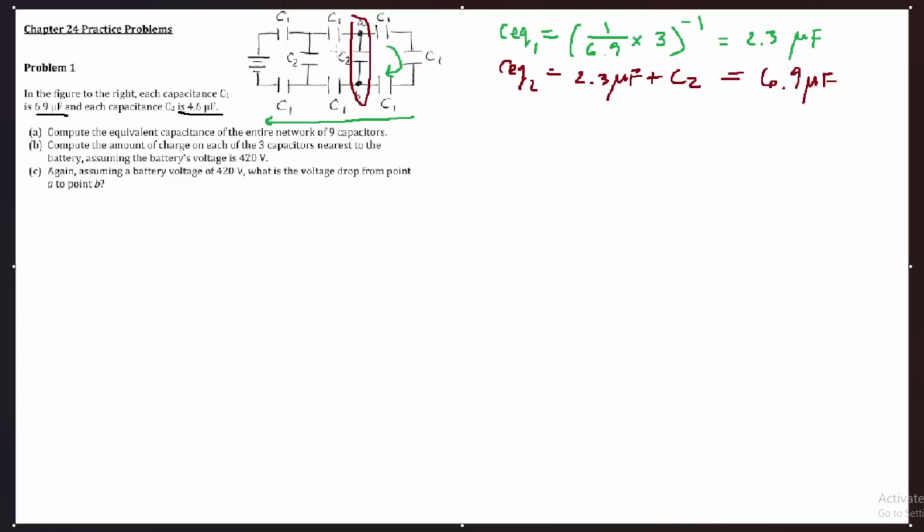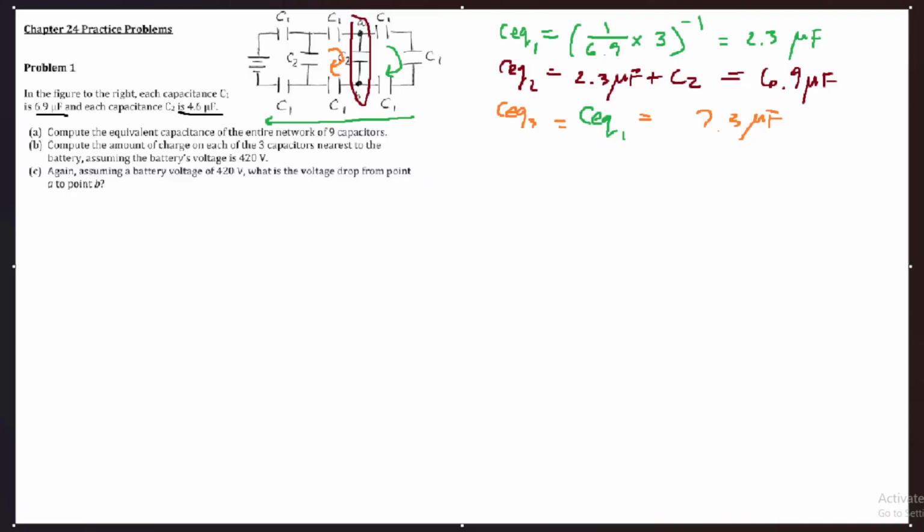So we could do the same thing here again. We're just gonna label this CEQ3, and since it's quite exactly CEQ1, we can just say CEQ3 is equal to CEQ1, where it's going to equal 2.3 microfarads, and then so on and so forth.